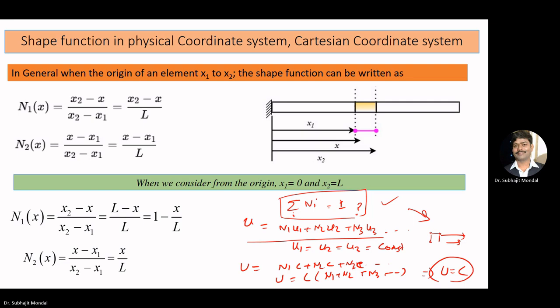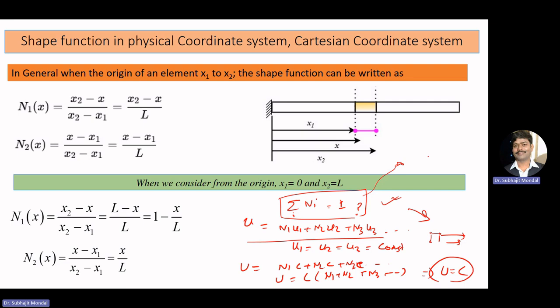then we can make sure that the element has the capability to represent the rigid body motion whenever required or whenever applicable. So for the same reason, basically we assume the sum of the shape function is equal to 1. If it is not 1, then what will happen? Our interpolation function will not be accurate.